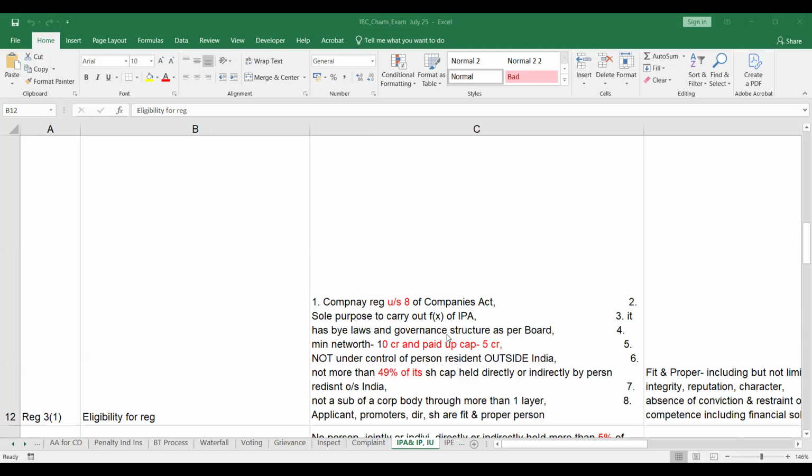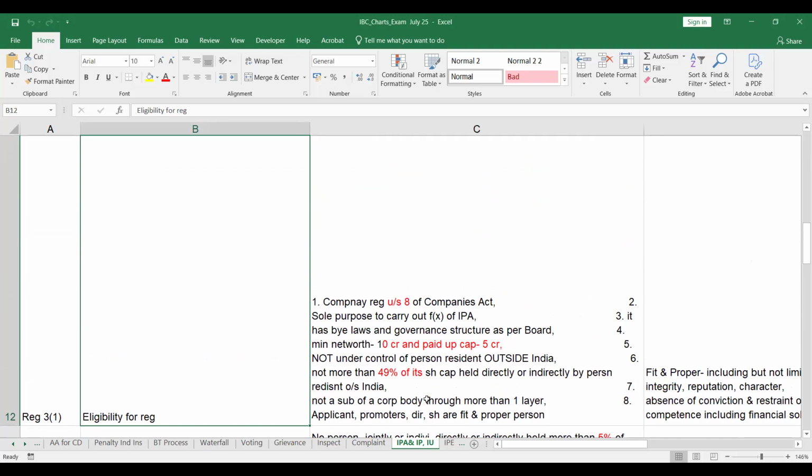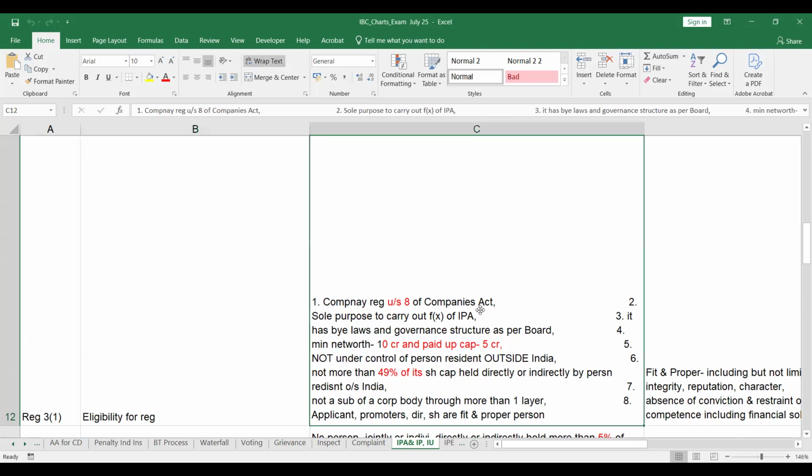Another requirement is that it should not be under the control of a person resident outside India, and not more than 49% of its share capital should be held directly or indirectly by persons resident outside India. It should not be a subsidiary of a corporate body through more than one layer. So layering is not allowed, so that we can come to know of the persons who are behind the IPA. And the applicant, promoters, directors and shareholders must be fit and proper persons. So these are the requirements.